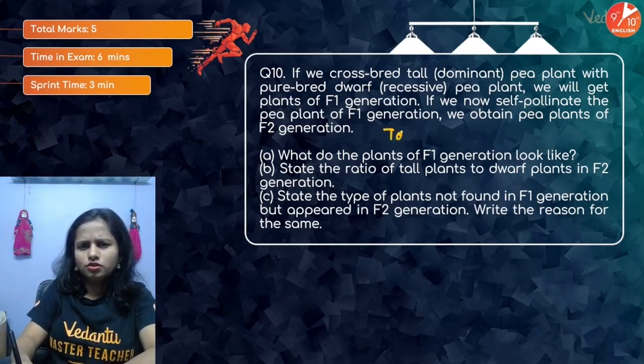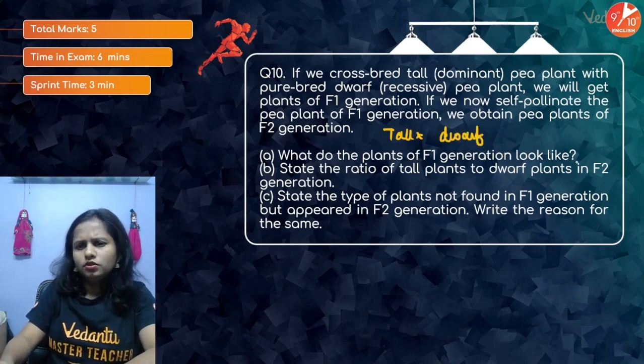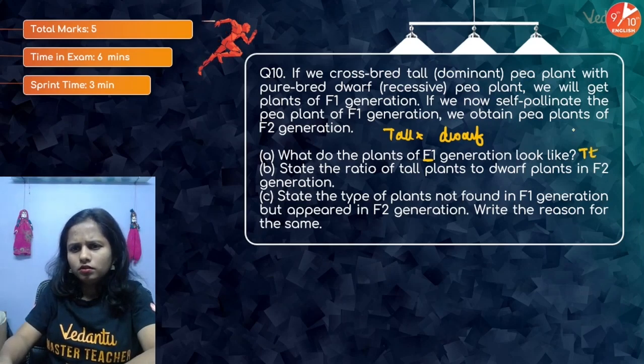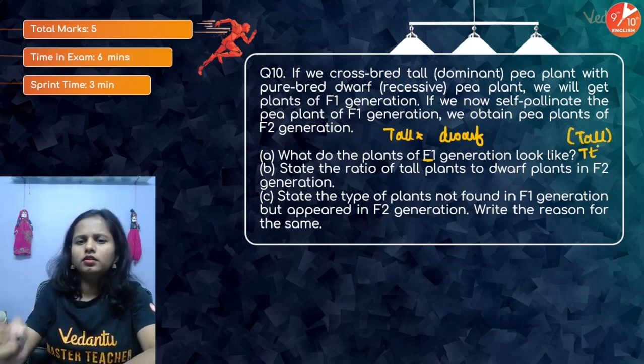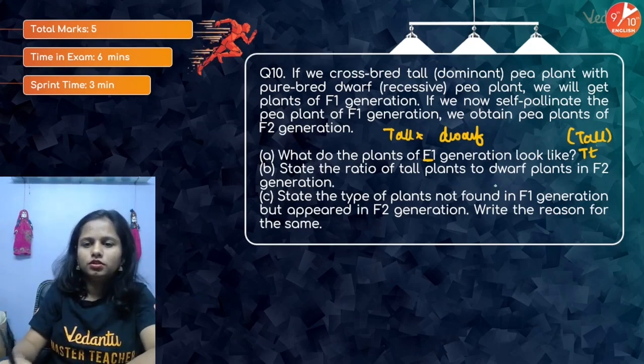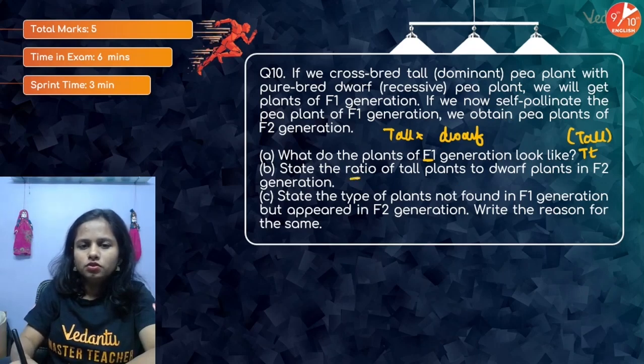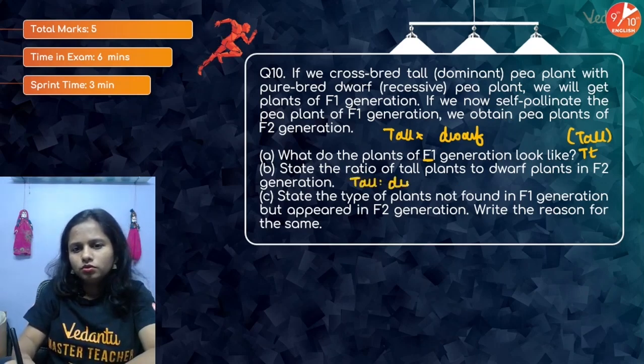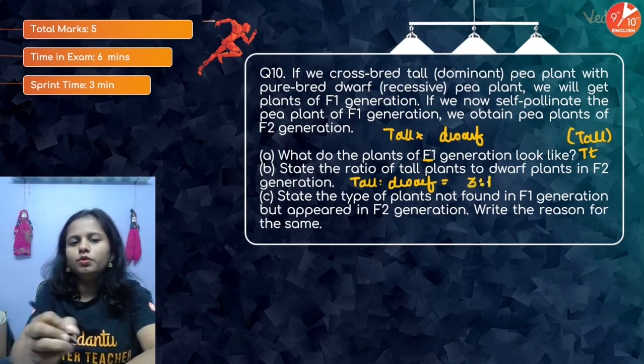So if we cross tall and dwarf, the F1 generation will be all tall. Correct? Now state the ratio of tall to dwarf plants in the F2 generation. So tall to dwarf has to be 3:1.